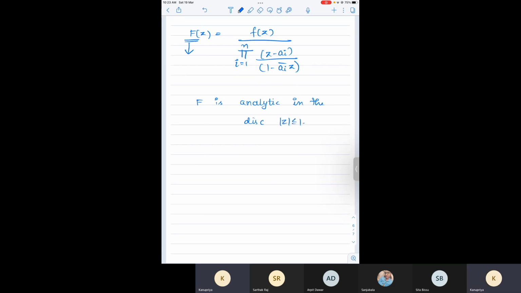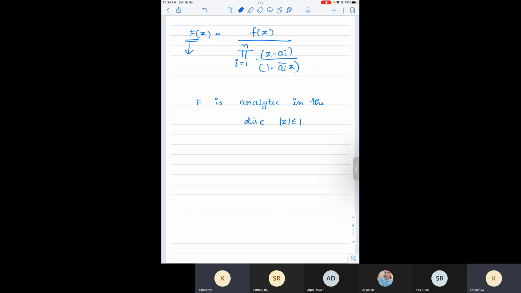Can you people see this? Yes, ma'am. We know that this f(z) is analytic, and the problem can be created using these a_i. But these a_i are already the zeros of f(z), so these will cancel out in a way, and we will be left with no singularities.